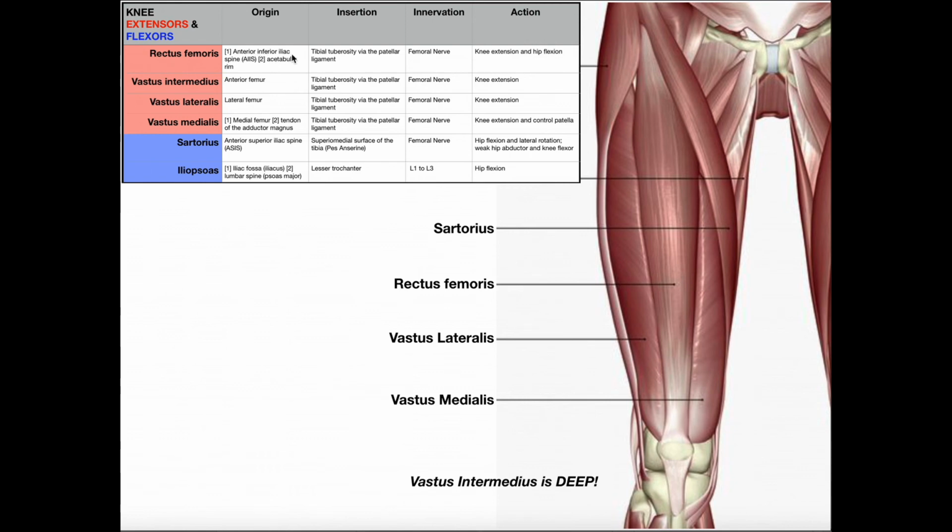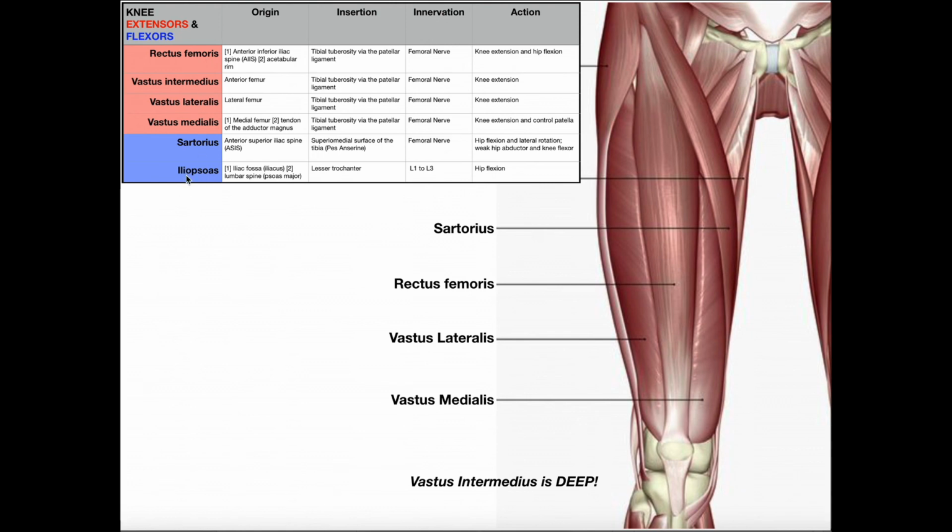So the fact that it actually exists on the hip means that it probably is going to also have some hip action. So again, it inserts on the tibial tuberosity, and so it's going to participate in knee extension, yes, but it's also going to be able to facilitate hip flexion. In other words, this hip flexion part of the rectus femoris is actually synergistic with the hip flexors iliopsoas.